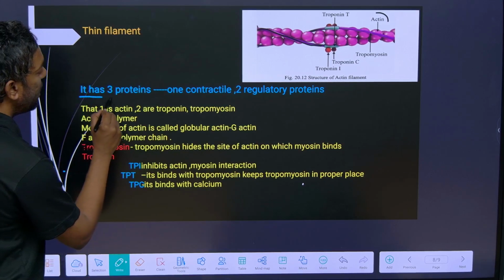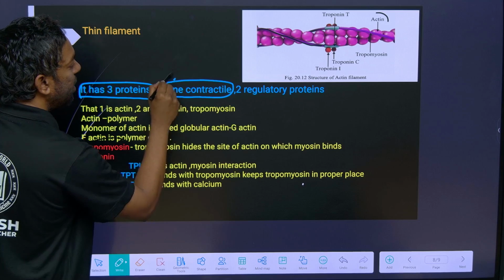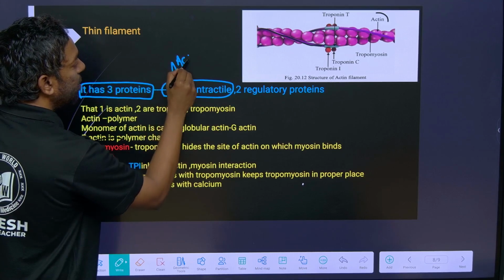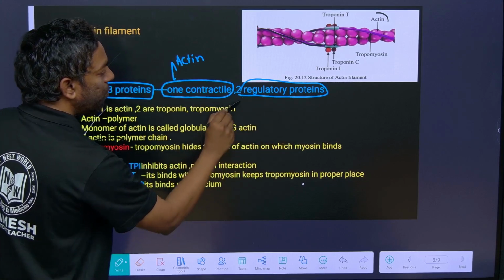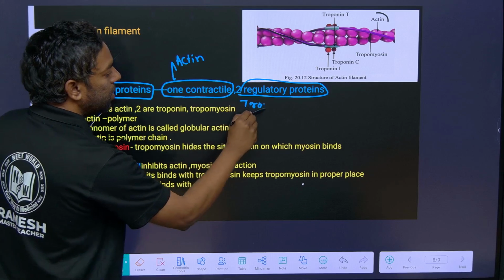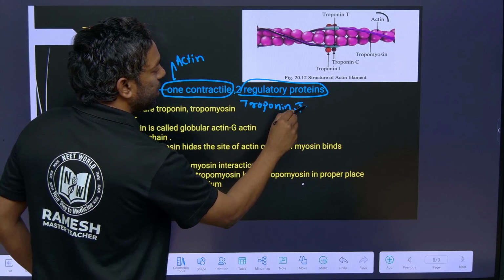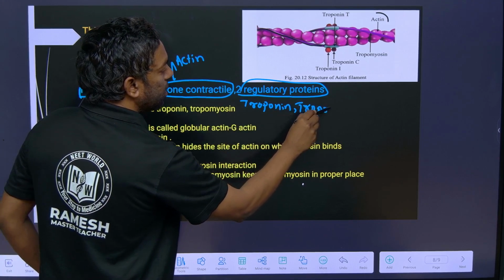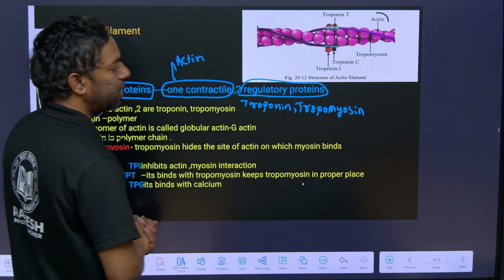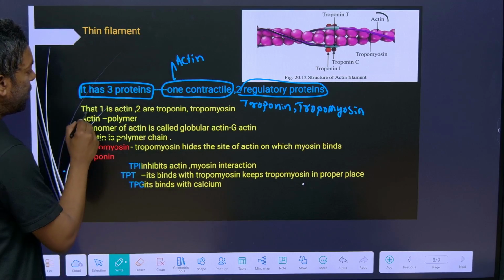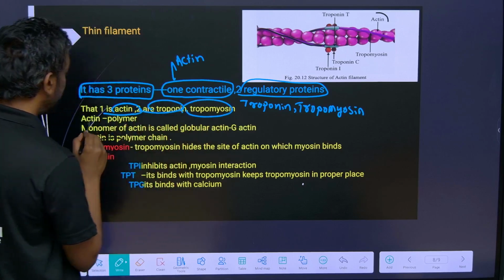The thin filament has three proteins: one contractile protein, that is actin, and two regulatory proteins, that is troponin and tropomyosin. That is actin, troponin and tropomyosin.